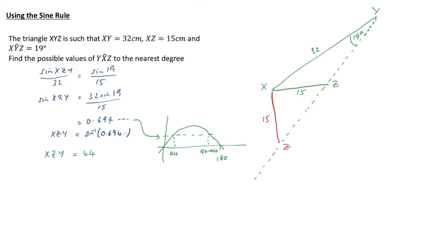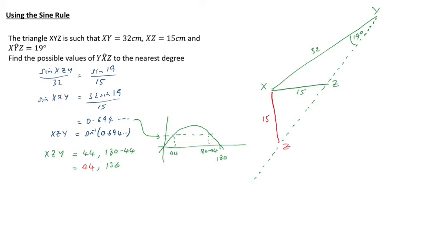So the distance along from 180 back to that point is going to be 44, hence 180 take away 44. So that gives us the other angle being 136, and the 44 is in red just to indicate that that is the one at the red Z.